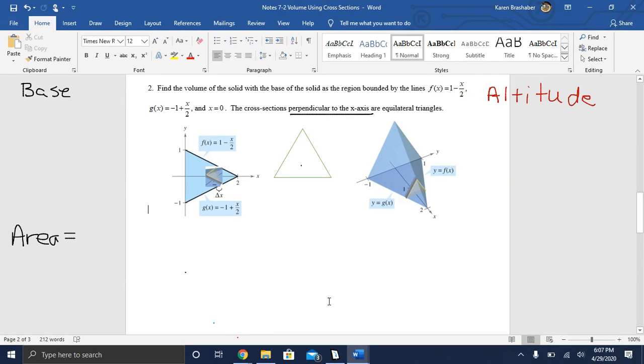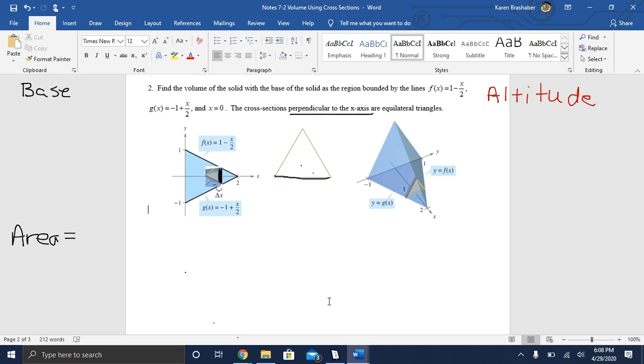All right, for our second example, we're going to look at a solid with a triangular base that has triangles as its cross sections. The triangles are equilateral cross sections, and they are perpendicular to the x-axis. So the first thing that we're going to have to figure out is the length of the base of the triangular cross sections. So we're figuring out this length, which is right here in our base.